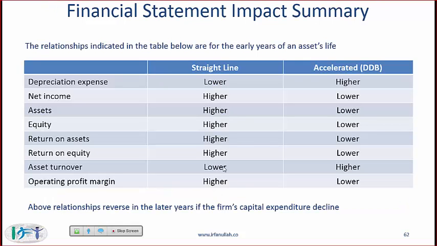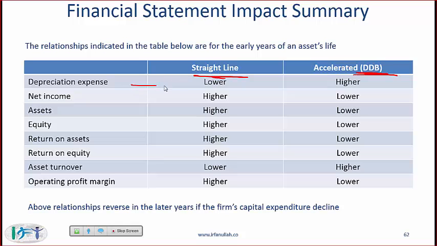You need to evaluate and interpret the impact of a company using straight line depreciation versus accelerated depreciation. DDB stands for double declining balance, which is just one sort of accelerated depreciation. This table needs to be understood and mastered.